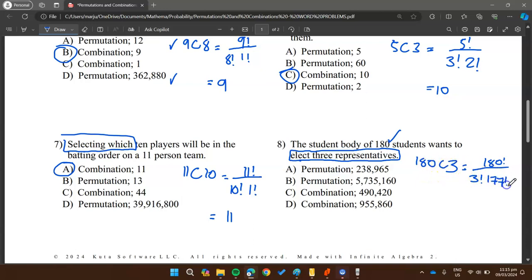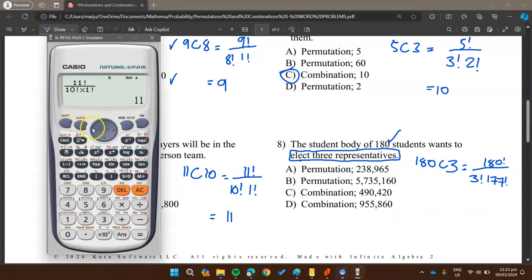177 factorial. Now, in the calculator, again, if we input this one directly, it will give us a math error because again of how big the numbers are. Alright, let me just show you. That's times 177.